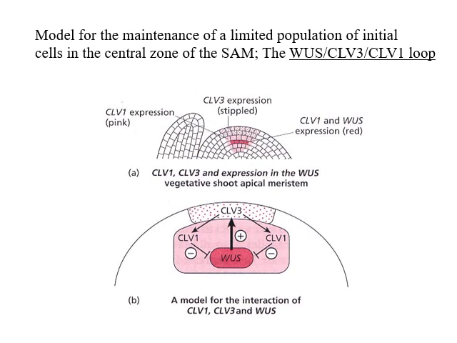The result of this feedback loop is that if Wuschel expression for some reason expands, so this region here with Wuschel expression expands, it will secrete more Wuschel protein, will activate Clavata 3 expression in more cells, which in turn will be secreted to other cells, activating Clavata 1 in a larger region, and then you get a stronger suppression of Wuschel.